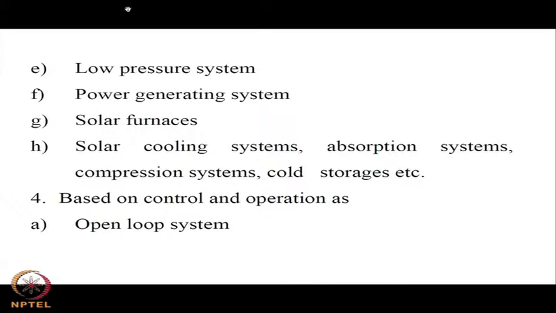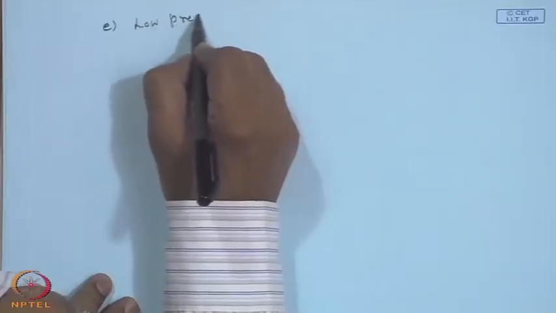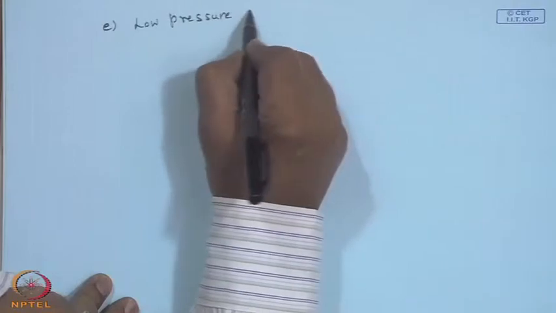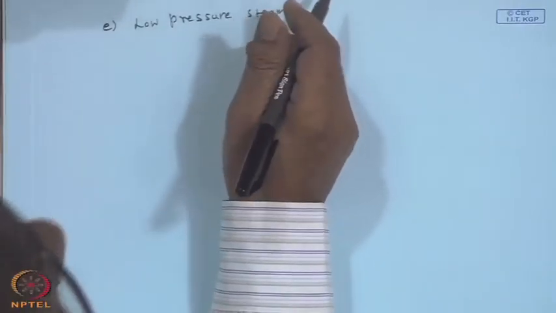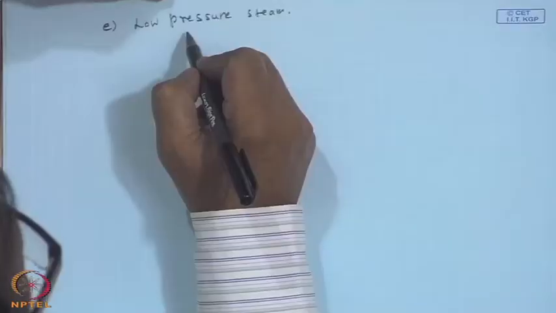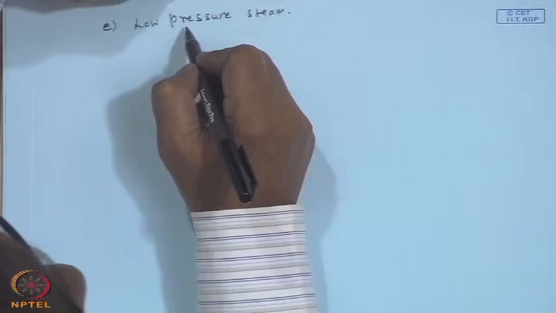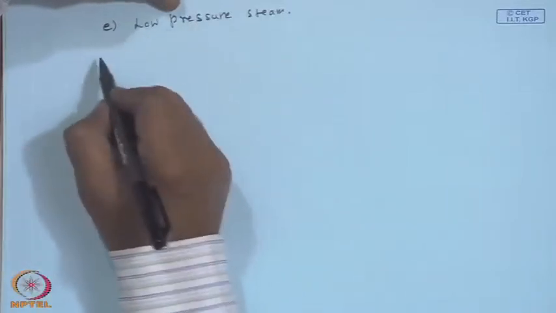And depending upon your application, it may be a low pressure steam system. So, what we are trying to do from an industrial process heating is distinguish it if it is steam or only hot water or something else.